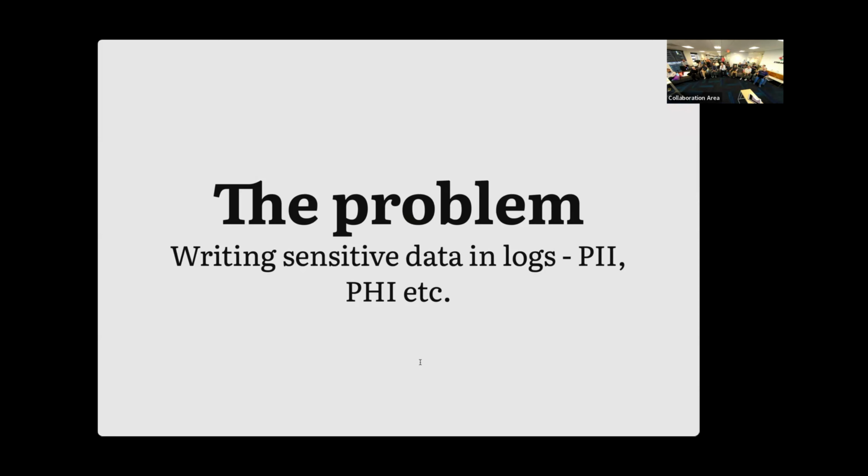We get audited every year or every few months, so we need to make sure that whatever data goes in the logs is not sensitive and is not in plain text. Things like this lead to data breaches and compliance and regulatory issues. The recommended approach is to redact sensitive data, and we'll see how we're going to do that.